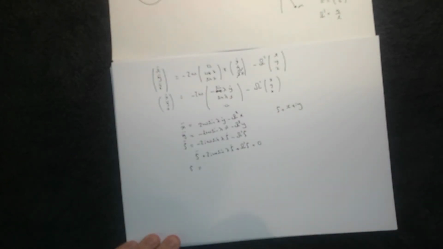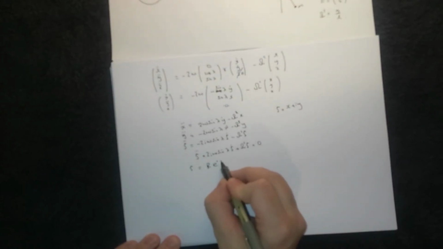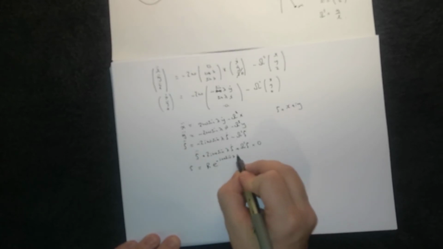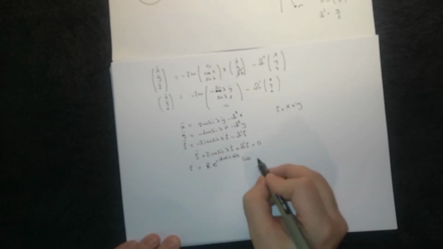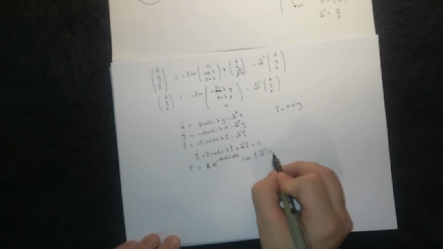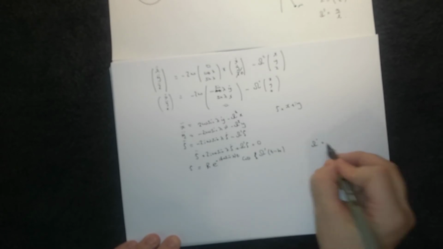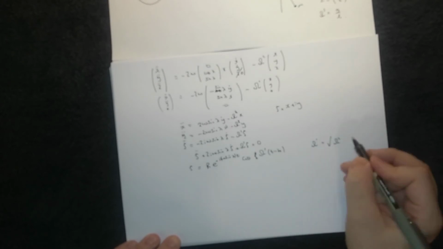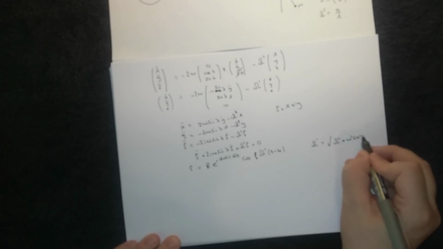Zeta, you complete the square, so let's do that. R e to the minus i omega sine lambda times t, cos omega primed t minus t naught. Omega primed is the square root of omega squared plus little omega squared sine squared lambda.